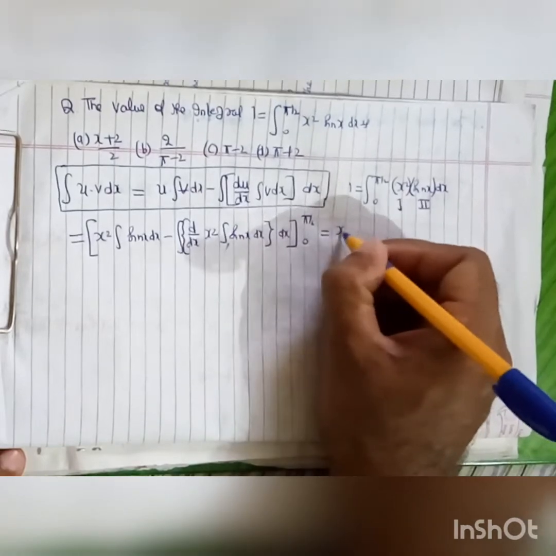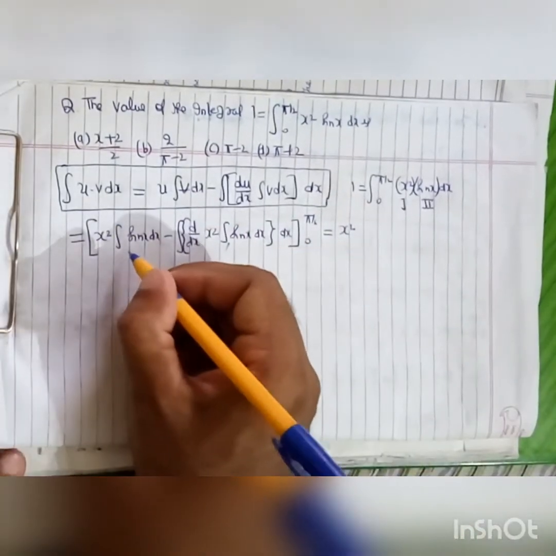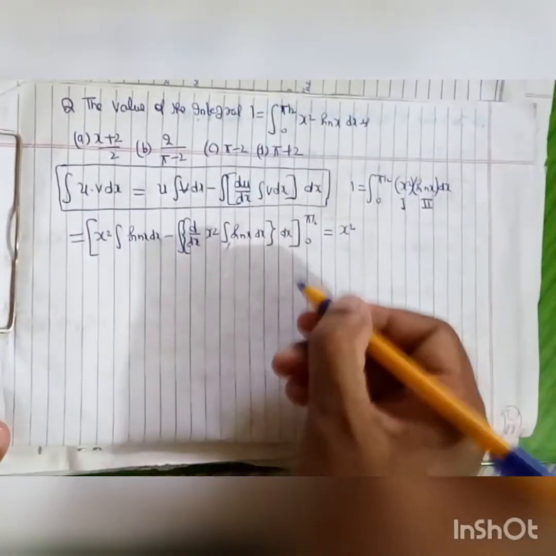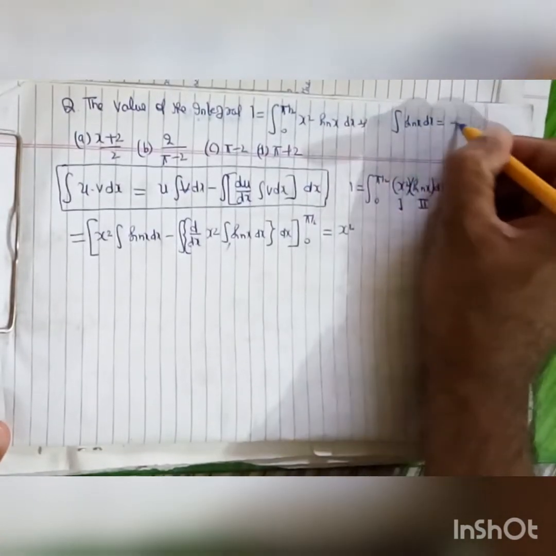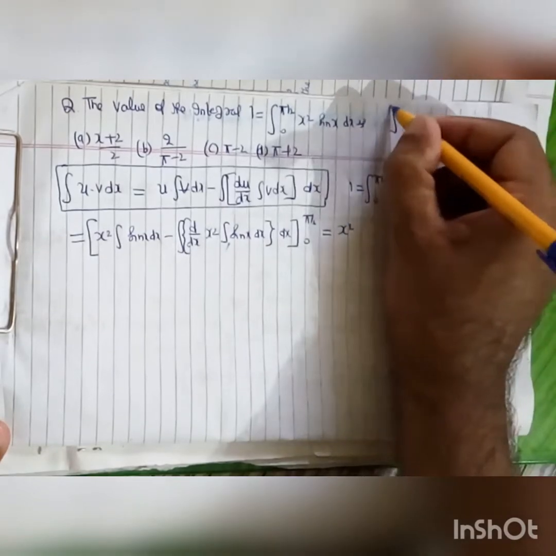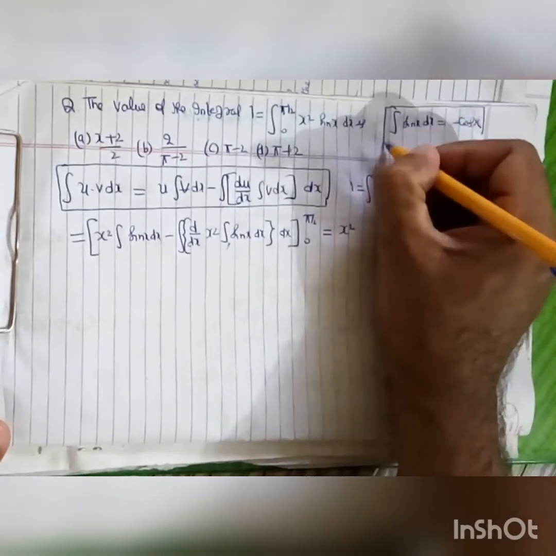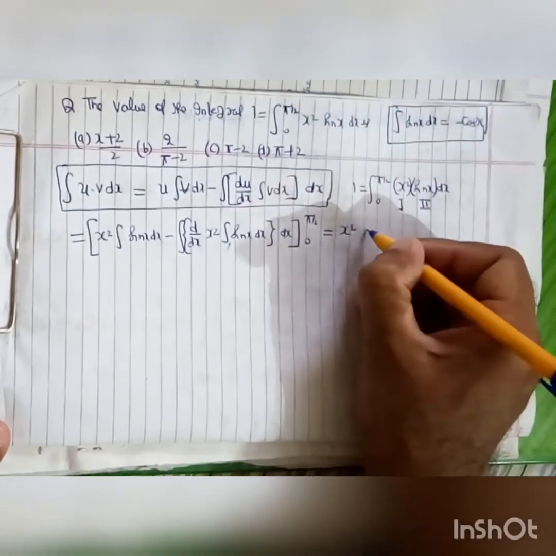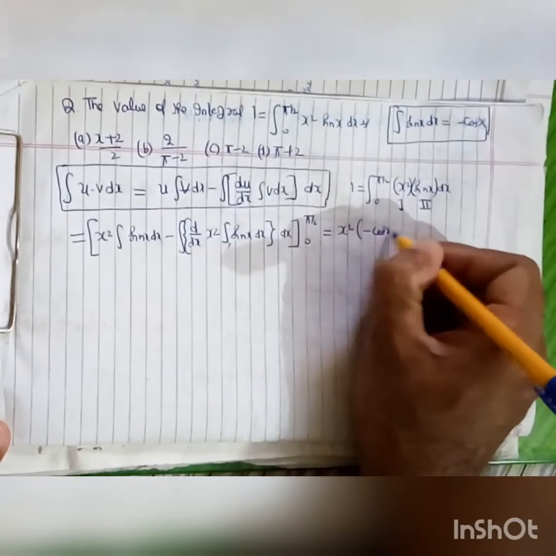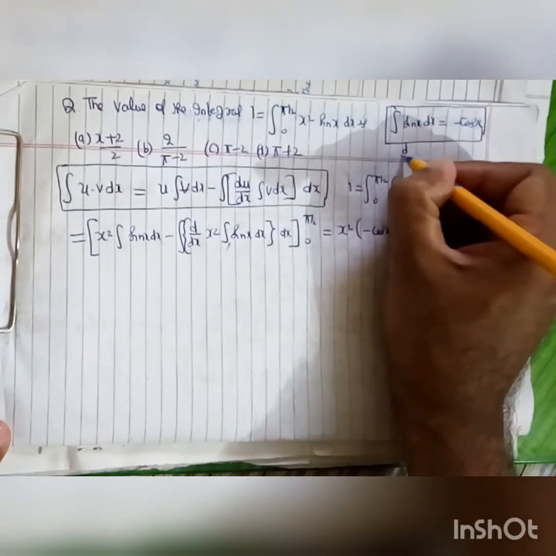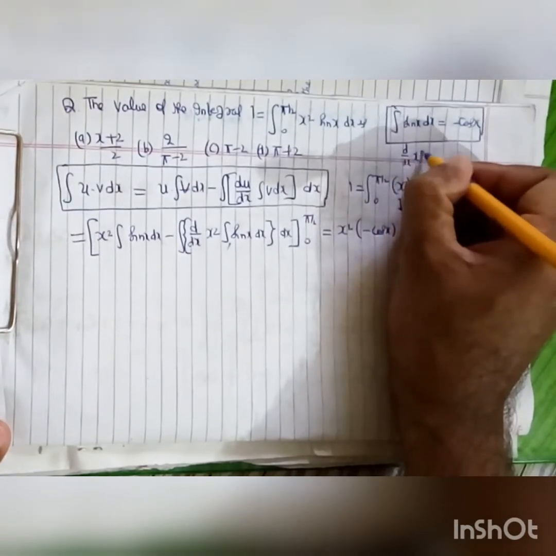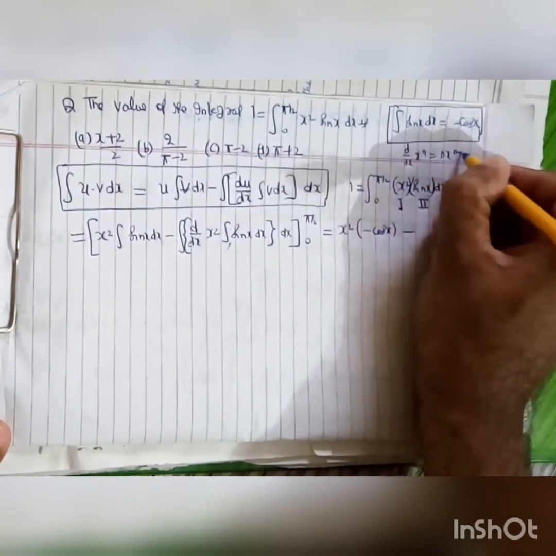So it will be x square, and the integration of sin x dx is equal to minus cos x. So it will be x square into minus cos x minus, we know that d by dx of x to the power n is equal to n into x to the power n minus 1.